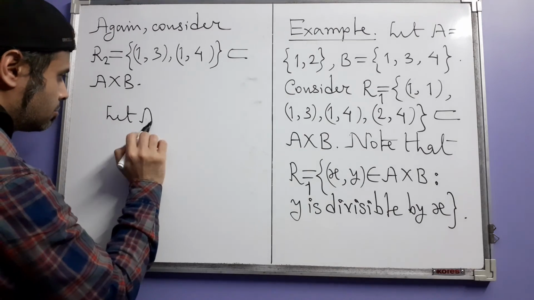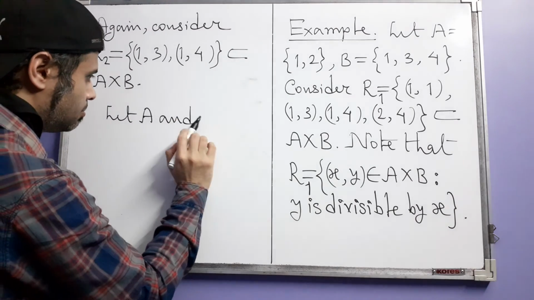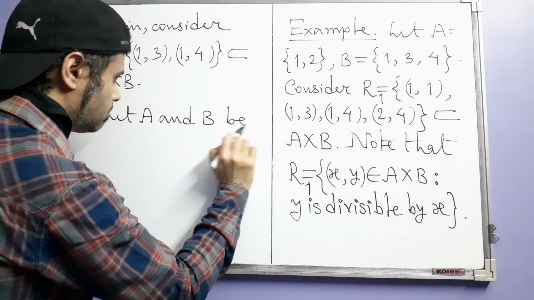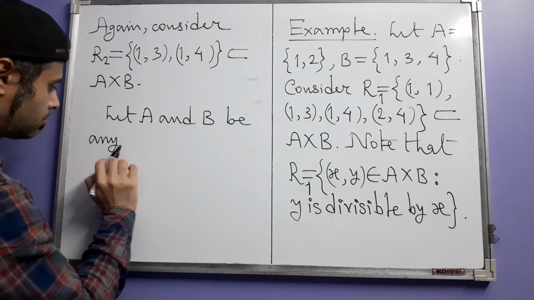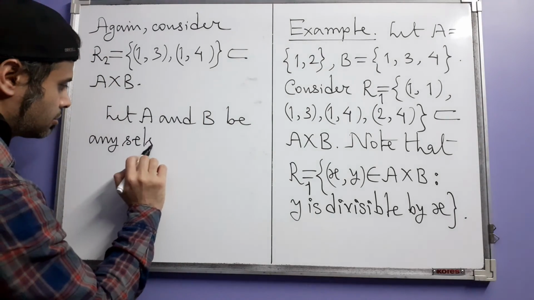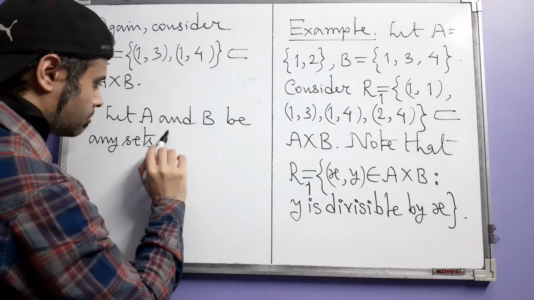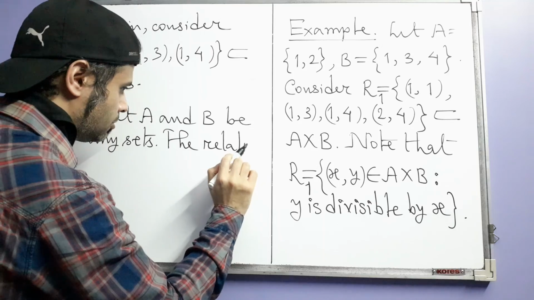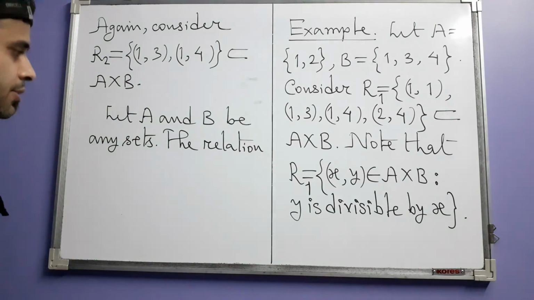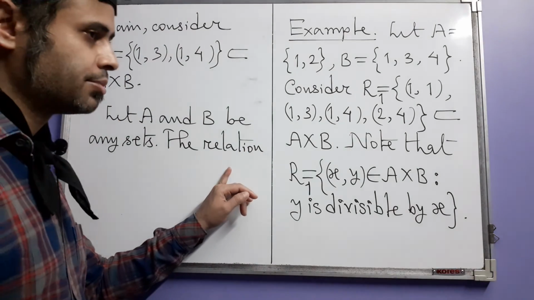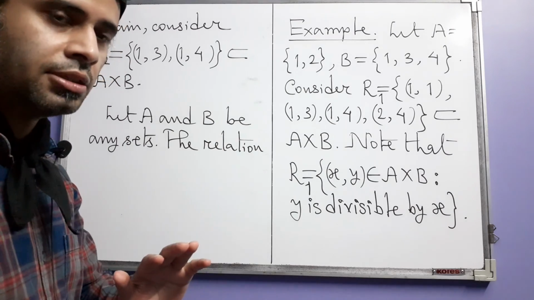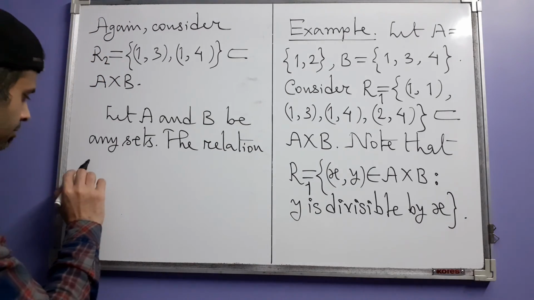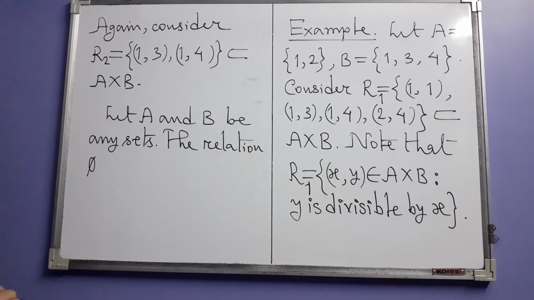Let A and B be any sets. See, by definition, any subset of the Cartesian product A times B is a relation from A to B. In particular, the empty set is also one such subset.